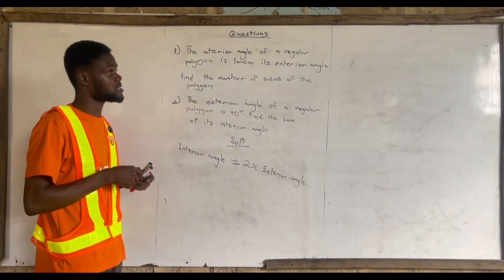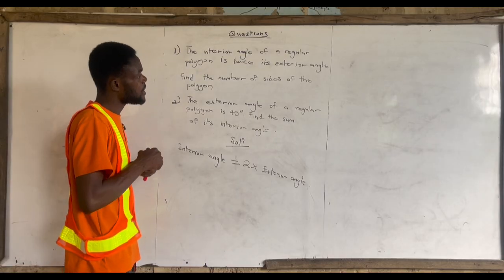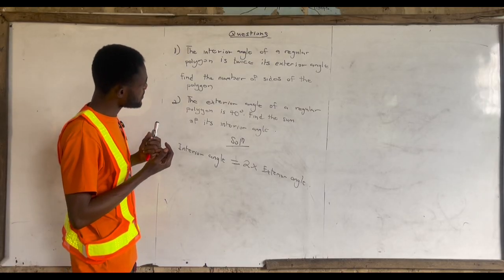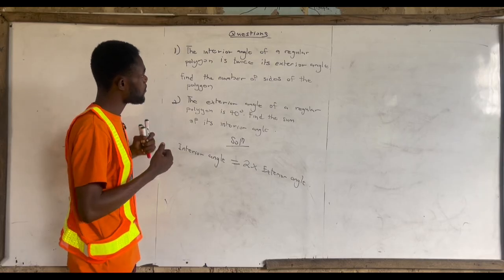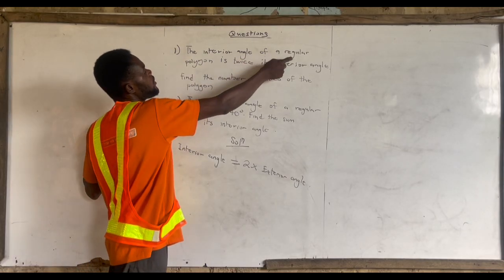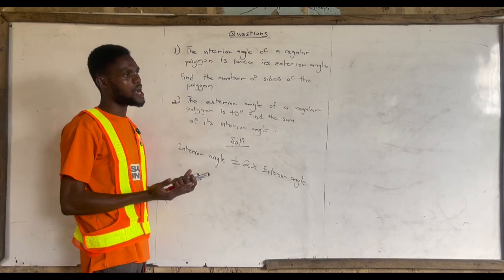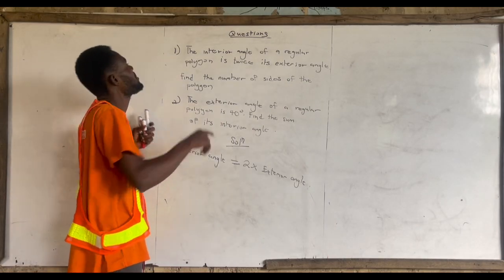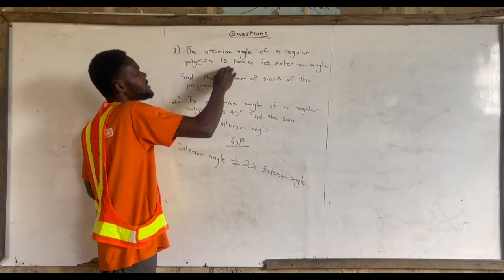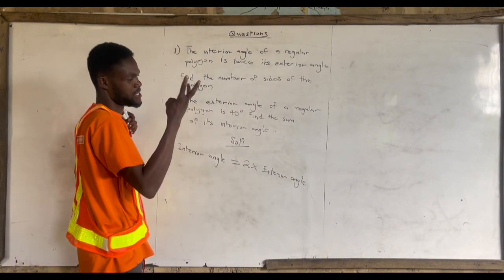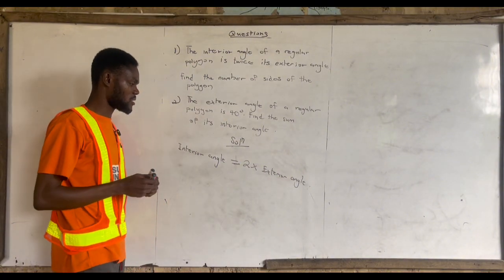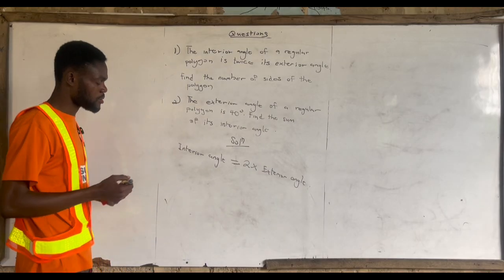They can also change the question and write it in another form: the exterior angle of a regular polygon is twice its interior angle, or the interior angle of a regular polygon is thrice, which is 3 times, its exterior angle. So how do we frame the question?